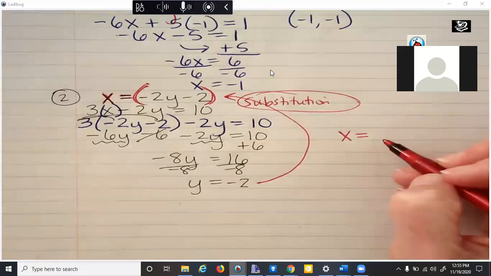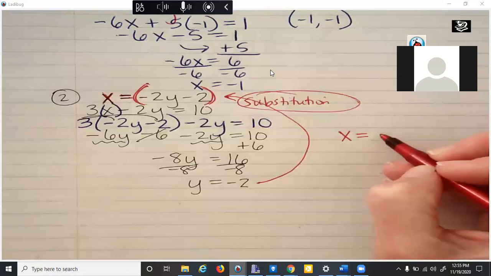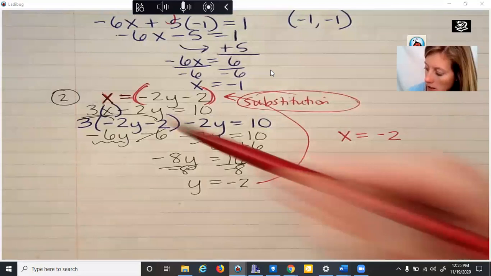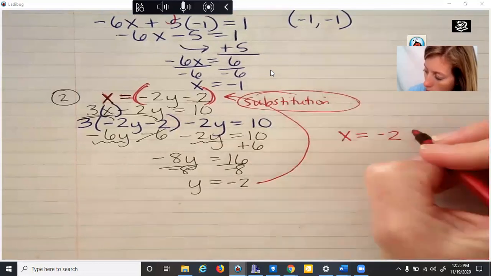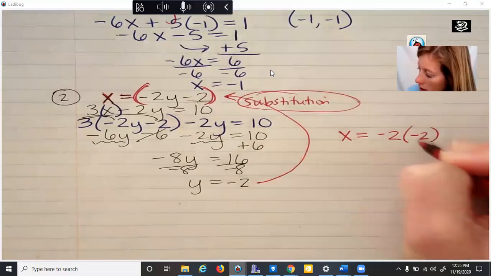You would write parentheses negative 2y minus 2. All right, what do I know y equals? Negative 2. So instead of writing a y, I'm putting negative 2. I'm not writing a y at all. Guys, see that the y disappears.